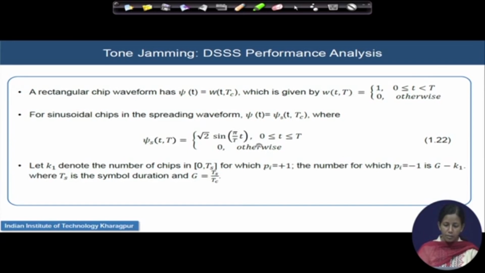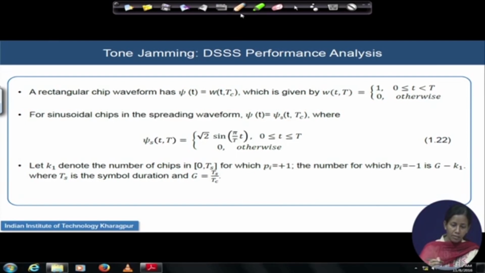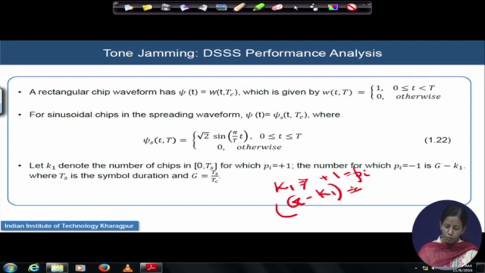And let us also consider that out of this g number of samples that the sampler has given us, for k1 number of chips, the value of the chips is equal to plus 1. For k1 number of chips the value is plus 1, that means the value of Pi in the earlier equation you can put equal to 1, and hence for the rest of the chips, which is given by g minus k1, you will get the value of these chips equal to minus 1.